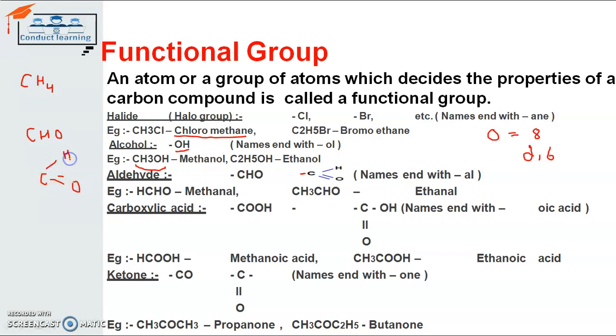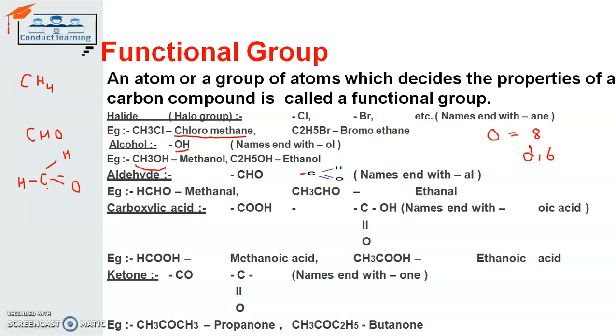So it needs only one hydrogen atom to complete its covalent bonding, or sharing of its electrons. So we will add just one hydrogen atom here, and because it contains only one carbon atom, it definitely becomes the formula for methane only.